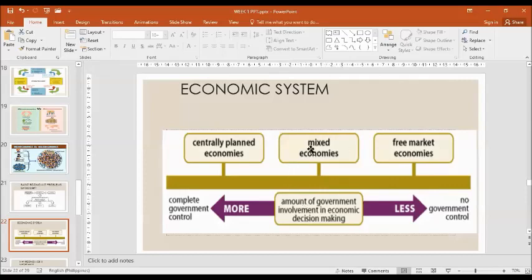And we have the mixed economies, from the word mix. It is a combination, with the influence of the government, but an equal distribution of decision making between the government and the business entities or people.